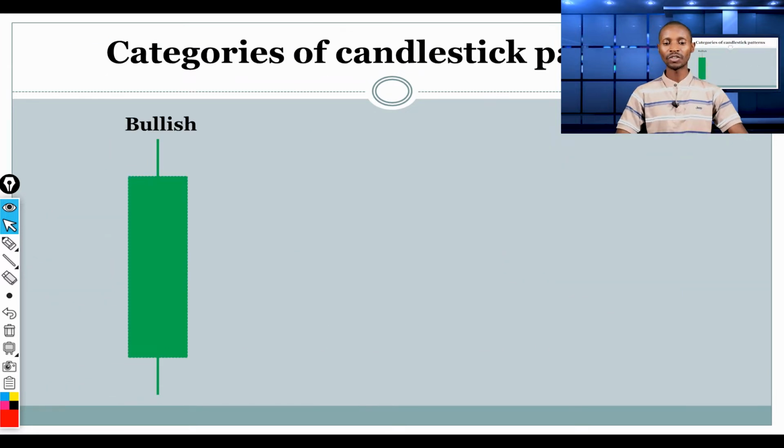Now let's see the categories of candlestick patterns. We normally have two categories of candlesticks. If you remember, we have learned the players of the Forex market. The categories of people on the radar of Forex trading are central banks, major banks, big commercial companies, market makers, retailers, and speculators, which are speculators like you and me.